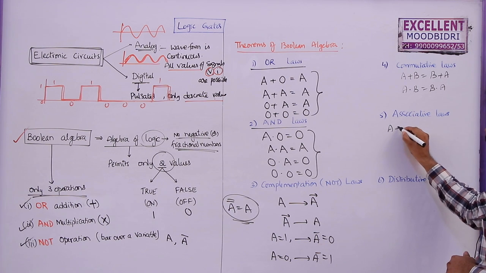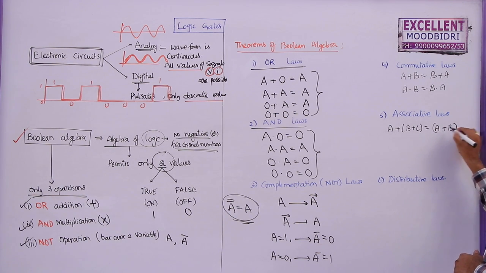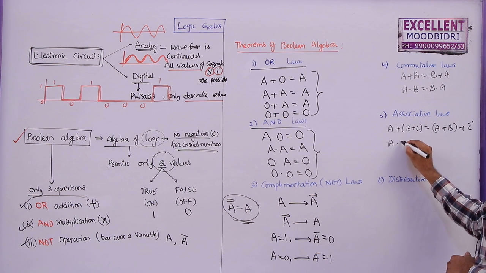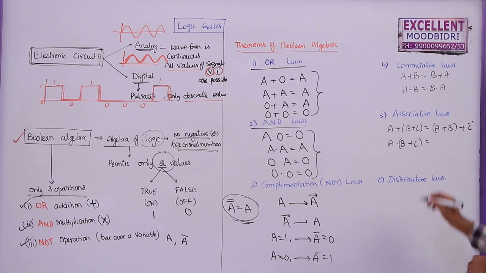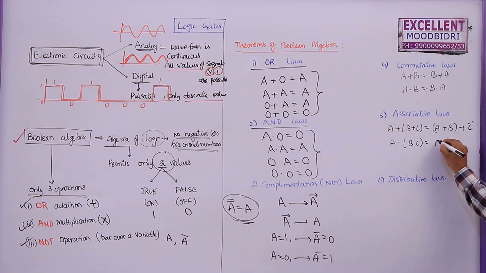Associative law: A plus B plus C is also equal to A plus B plus C, and similarly A dot B dot C can also be written as A dot B dot C.